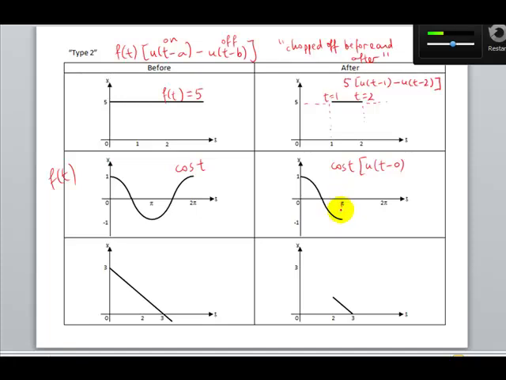But at the back, you can see that it is switched off at pi. So we kill off the signal at pi. So we could write this simply as u(t) instead of u(t minus 0).